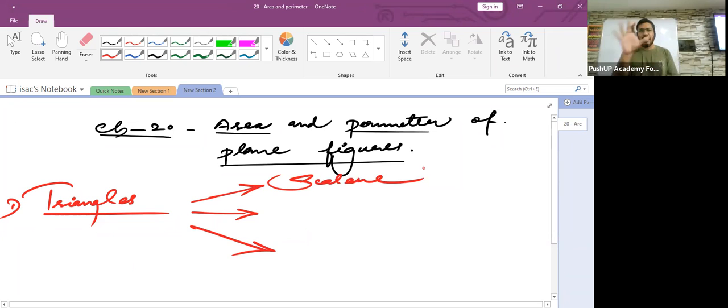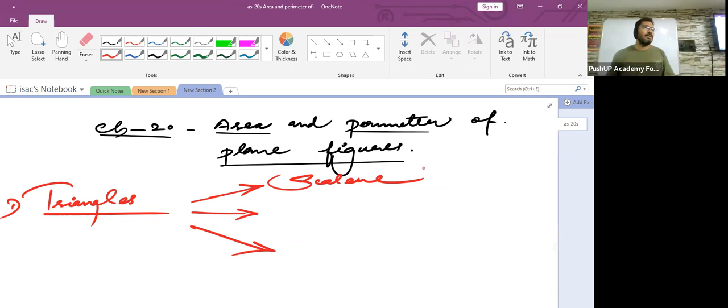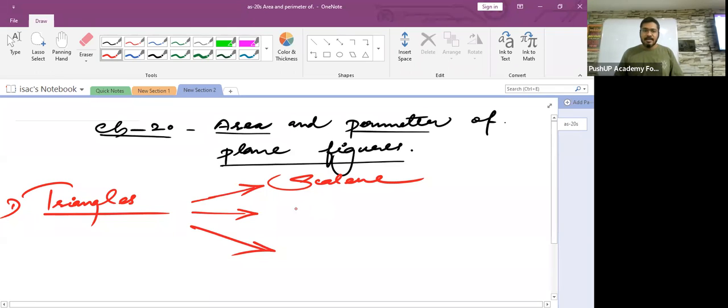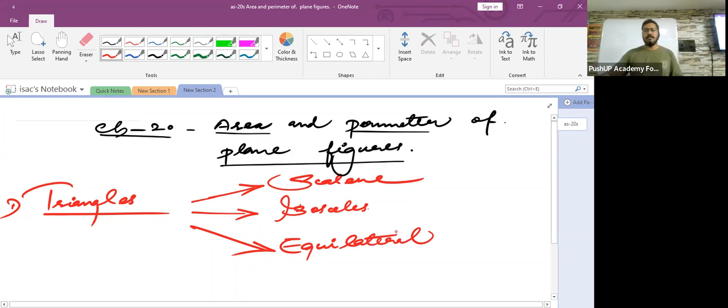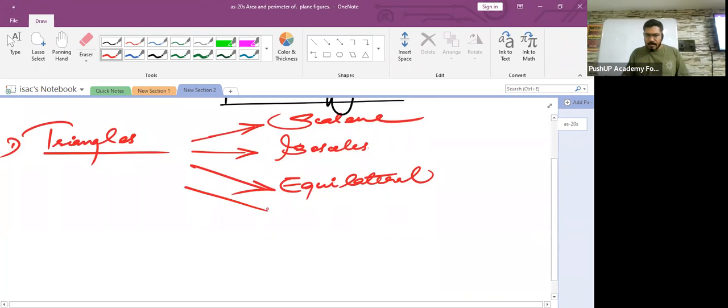If you want, you can make a hierarchy of all the subtopics which you are going to learn in this chapter. All right, Avilash. The first triangle is scalene triangle. The second one is isosceles triangle. The third one is equilateral triangle. There is one more triangle, children, which is a right angle triangle.